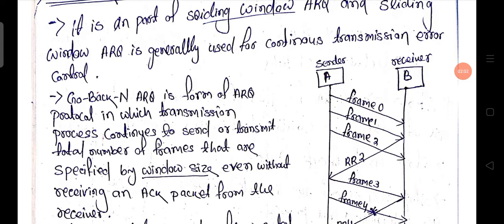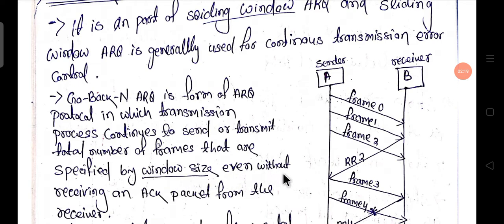Here also, in Go-Back-N ARQ, windows are there, and the total number of frames is specified by the window size.